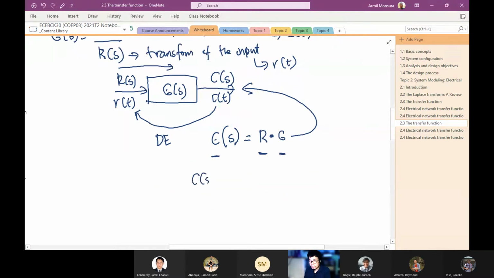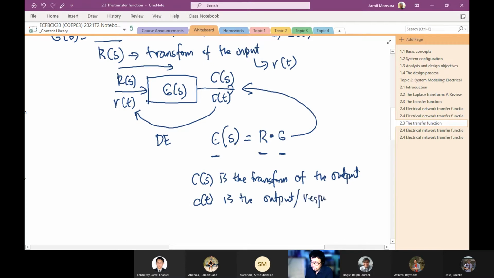C of T is the output, or what we call the response signal.